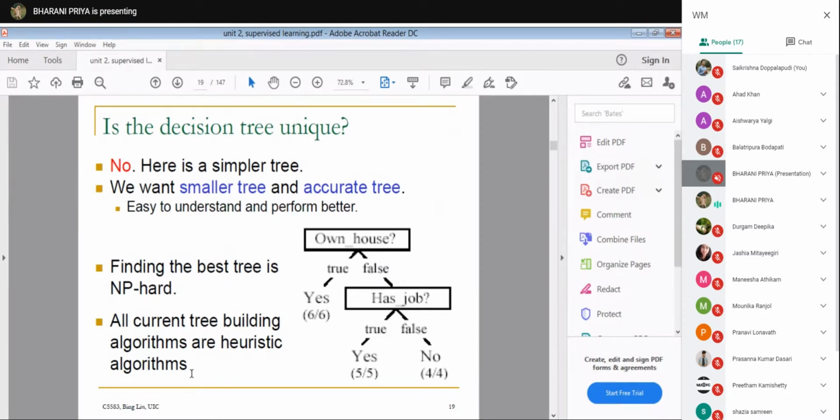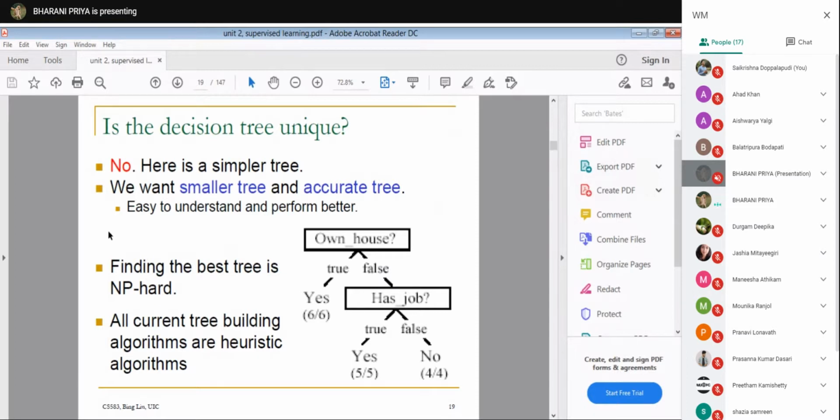When you write algorithms, will all algorithms lead to the same decision trees? Have you understood my question? When you write different types of algorithms, will all algorithms give the same results? No. But what is the case in association?